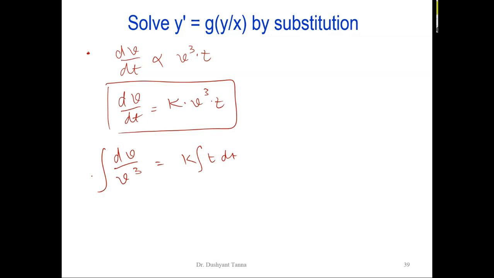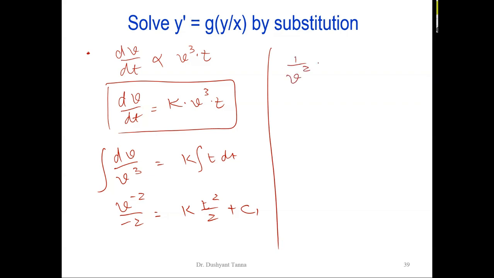This is v to the power minus 2, k t squared over 2 plus c, or c1. So I multiply with minus 2: 1 over v squared equals minus k t squared minus 2c1. Let's leave it like this for now.